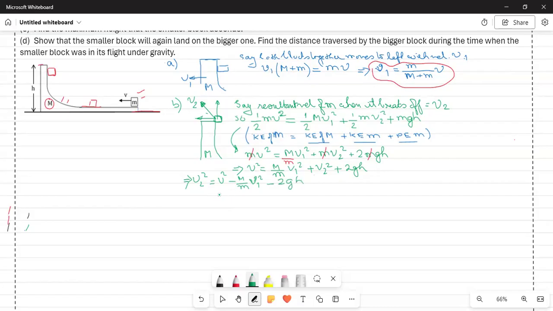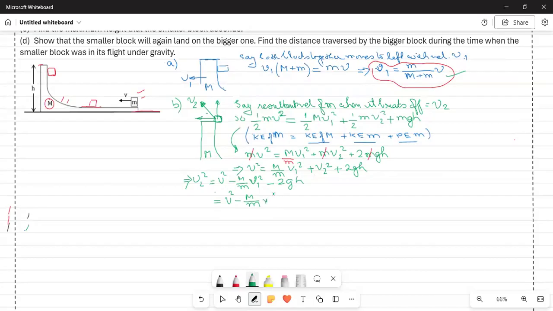From here, this is equal to V square minus, now I shall put the value of V1, capital M by small m. What is the value of V1? Value of V1 is given here, and I have to take V1 square.